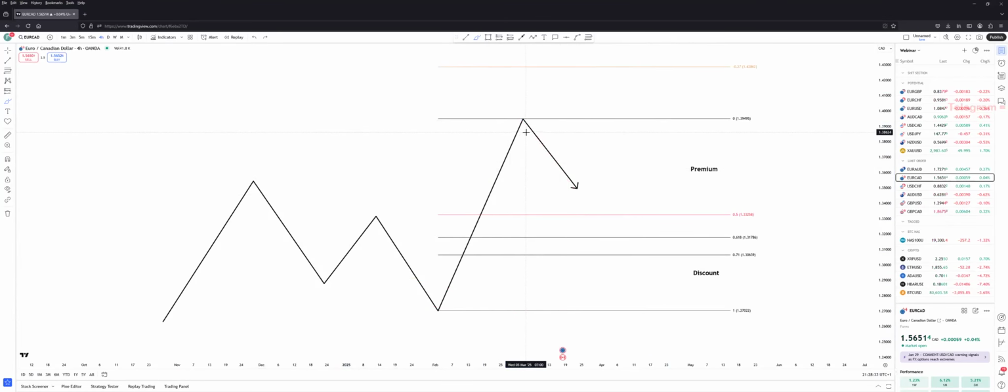It means that when the retracement starts, it has a higher chance for this currency pair to come back down to the discounted region before continuing to break the structure to the upside. Why? Because less people, less investors, less retail traders, less you, less me are going to buy into that currency pair because it's in the premium ranging, and it's less likely to continue to break the structure to the upside because it's way too expensive, it's way too premium.